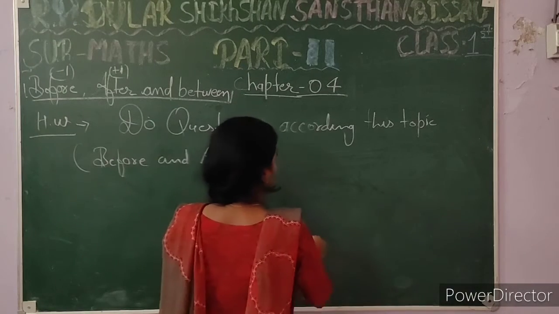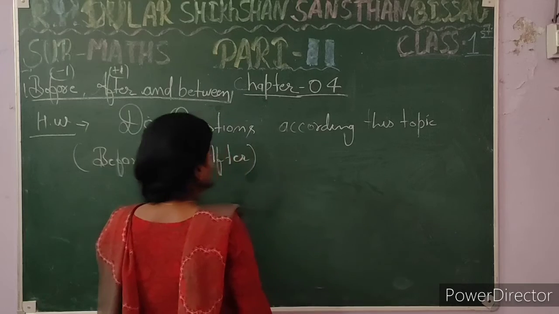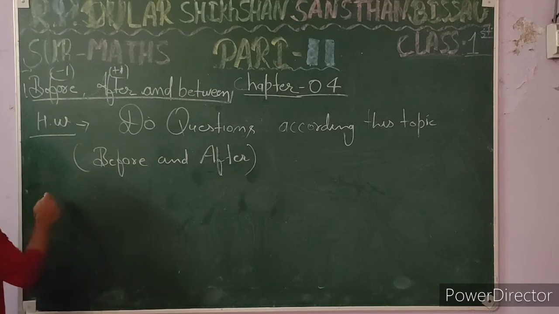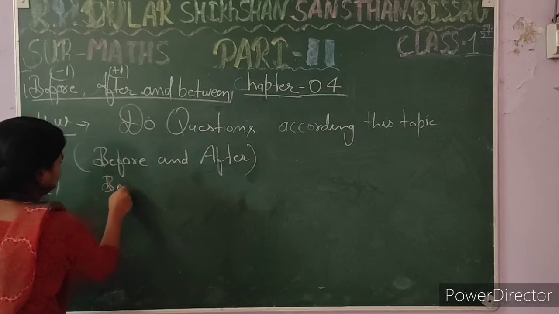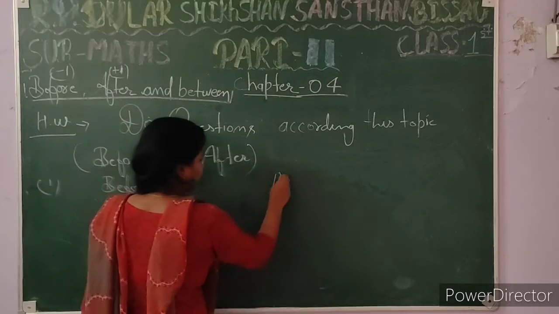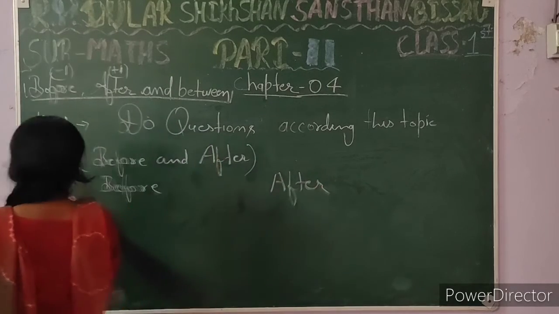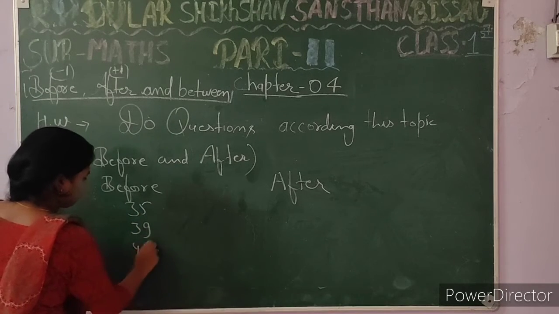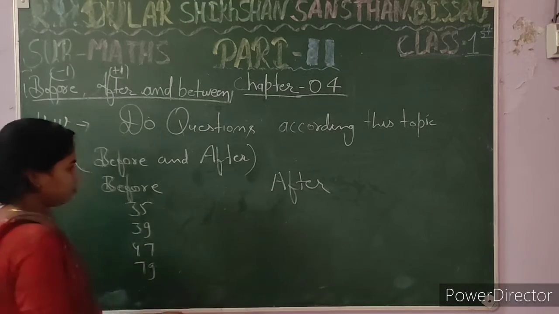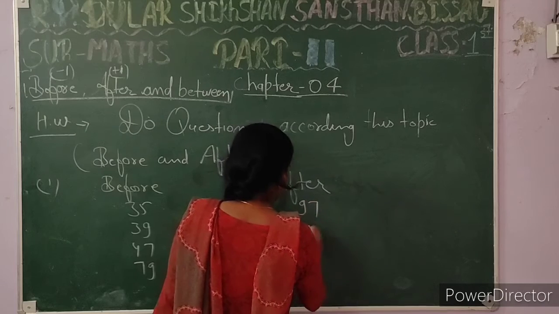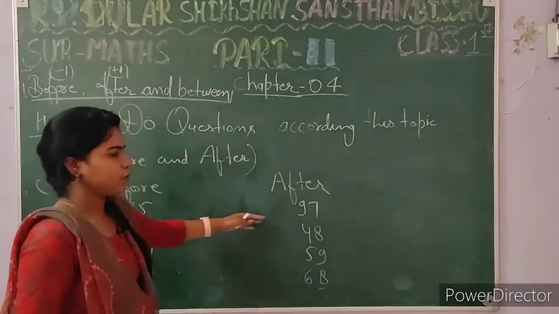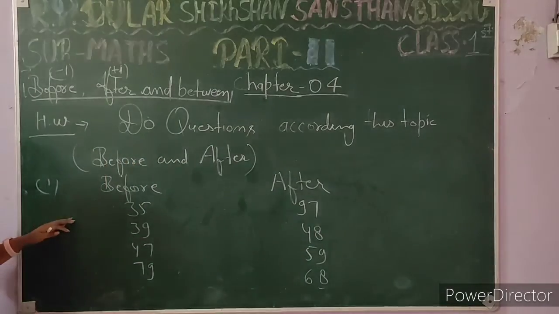I give you some questions like that: there are 4 before questions and 4 after questions. You do them in your fair notebook and rough notebook.